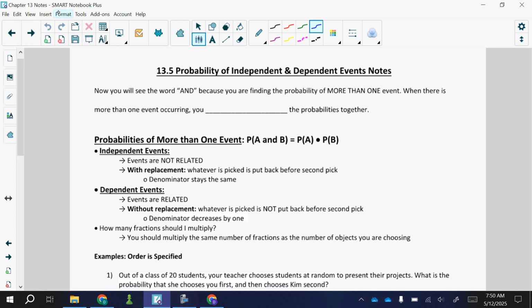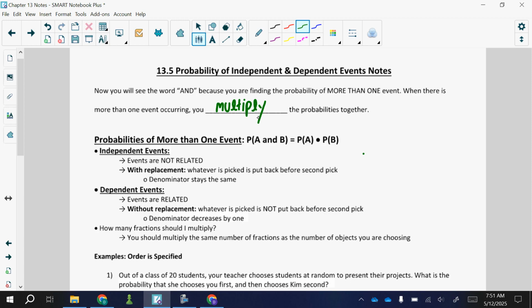Today we're going to be looking at 13.5, probability of independent and dependent events. Now you will see the word "and" because you are finding the probability of more than one event. When there is more than one event occurring, you multiply the probabilities together, which stems from the fundamental counting principle that we covered in 13.1.